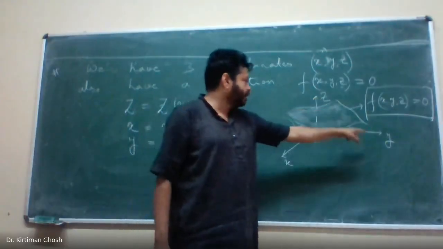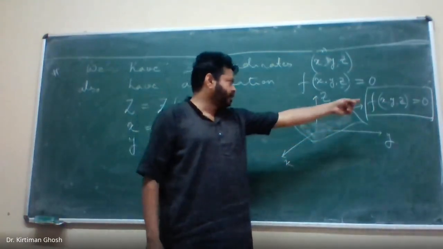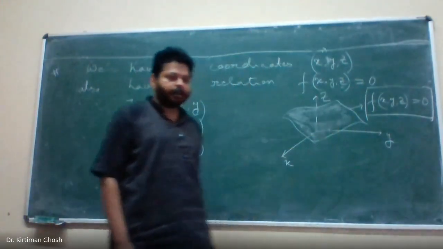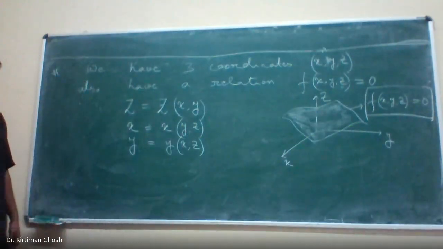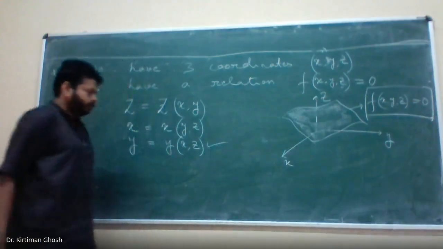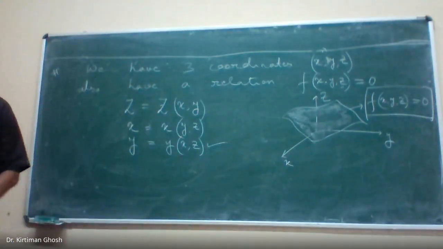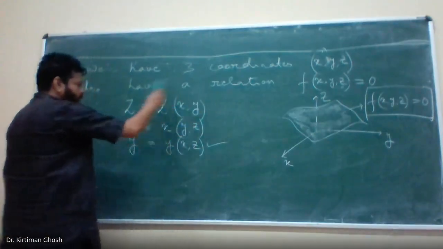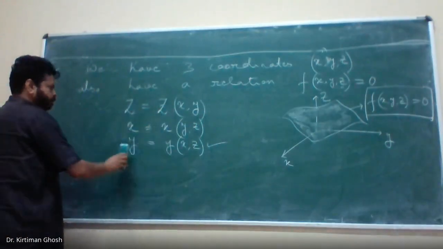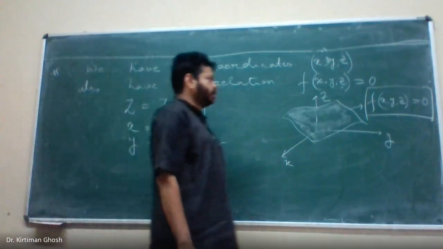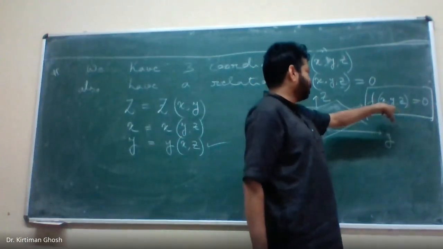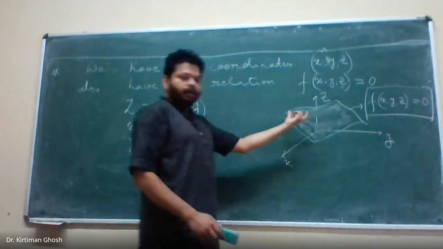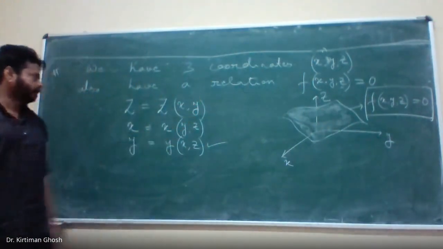If I take y and z as independent coordinates, then the consequence of this relation is x as a function of y and z. And if I look from the other side, if I take x and z as independent variables, my y will be a function of x and z. All these three descriptions are correct. I can always invert this equation: I can solve for x in terms of y and z, y in terms of x and z, or z in terms of x and y. Pictorially, you can look at this problem in this way.